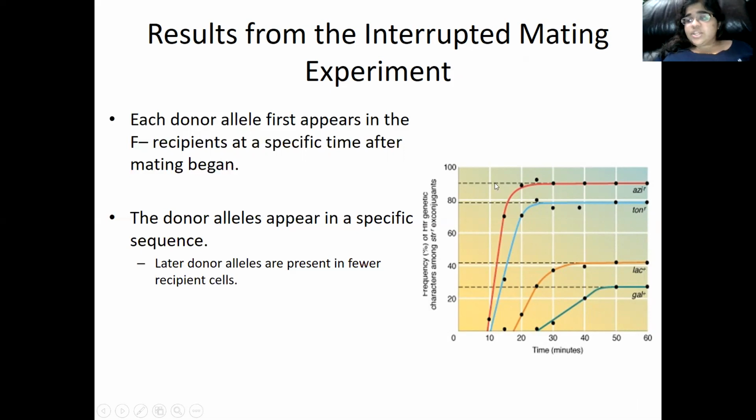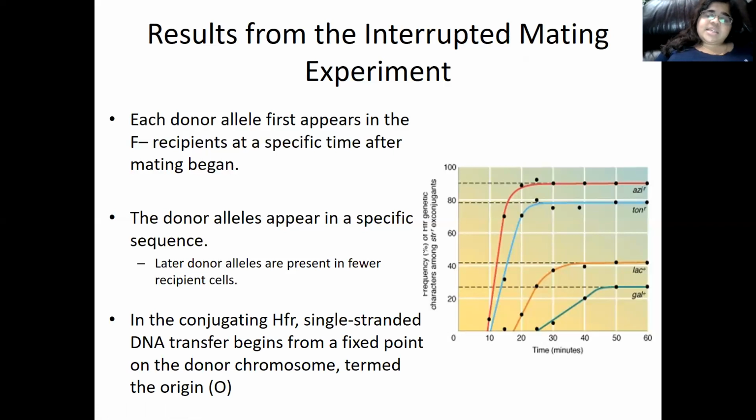So you have this many of this one at the beginning, whereas with galactose, we have it at very low frequency, around 25, 30-ish. So it depends. If it's first in line, it comes in first and is more frequent, whereas the later alleles end up not being as frequent in the recipient cells.